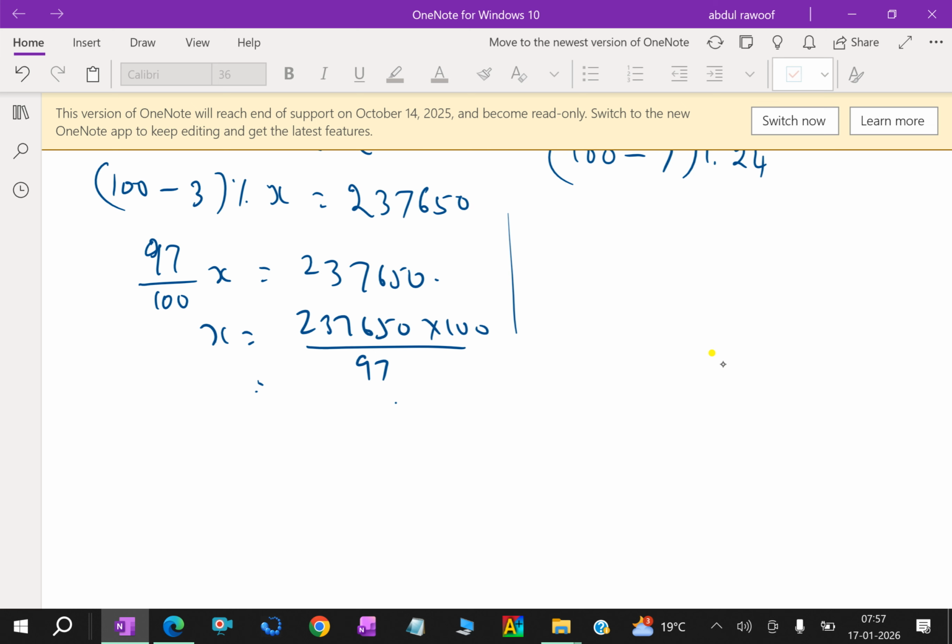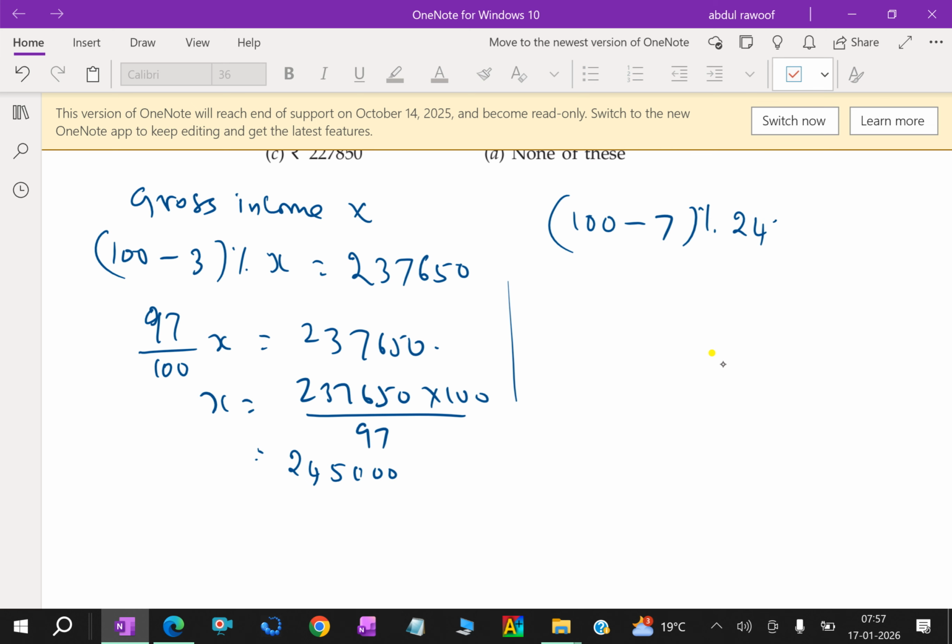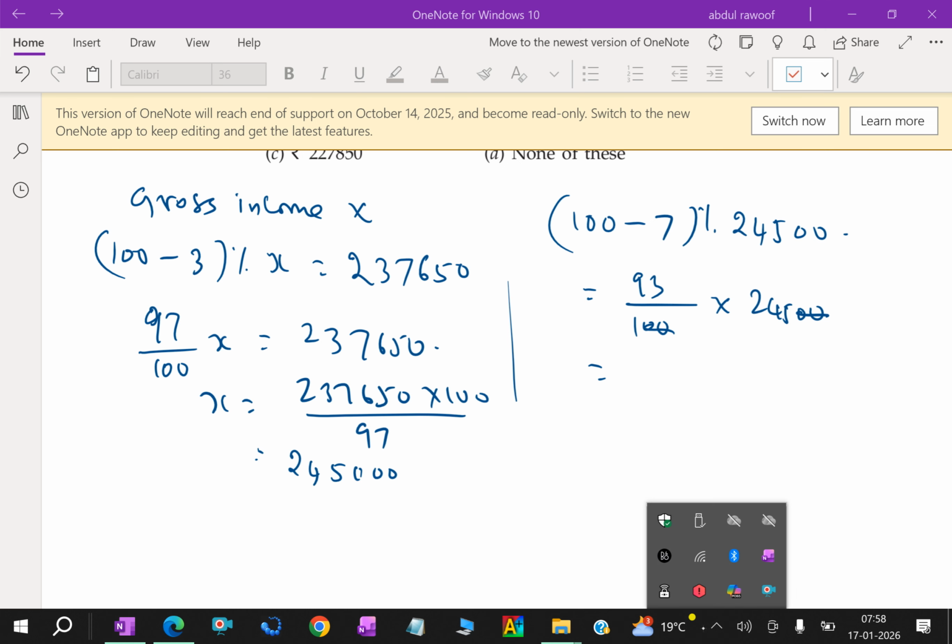Here the calculation: 93 divided by 100 into 245000 is cut. 93 into 2450 is 227850.